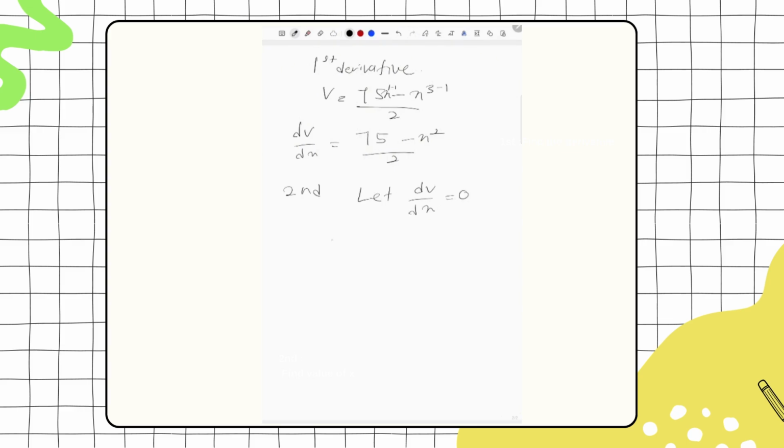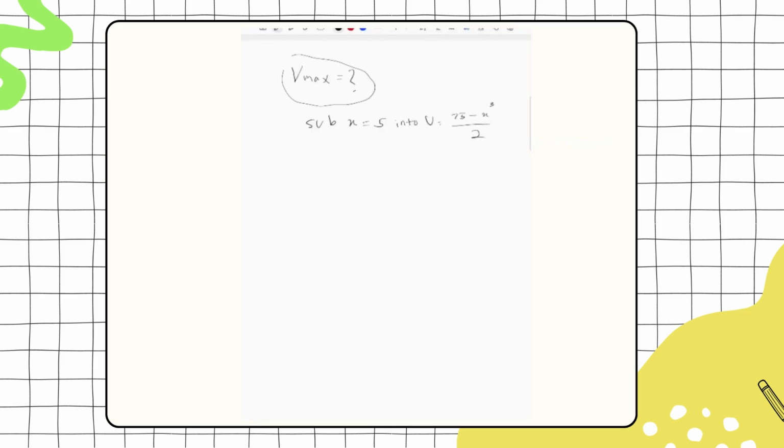And then for the final value of x, we set the equation to 0, and then 75 minus 3x squared over 2. And then we got 0 equal to 75 minus 3x squared. And then we make 3x squared to the left and 75 to the right. And then we got x squared equal to 25, and then we take the square root of x, and we got 5.